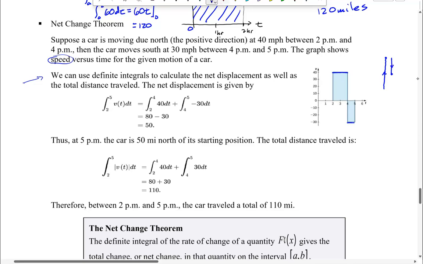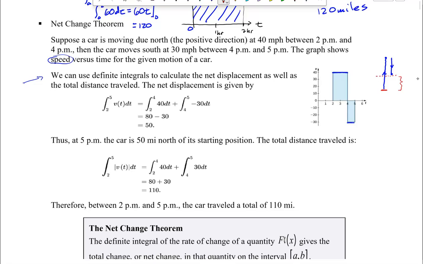So it started right here and traveled all the way up there and down a little bit, but its net displacement is where it ended up, right? It ended up here. So this is the net displacement. Even though it went beyond that point and came back, the net displacement is just where it ended up.